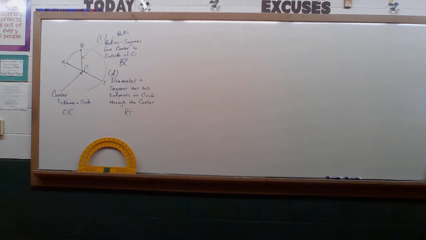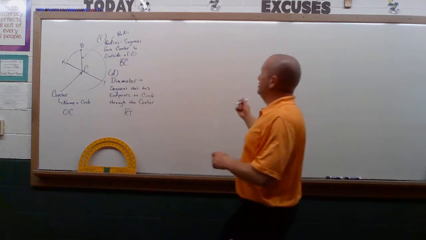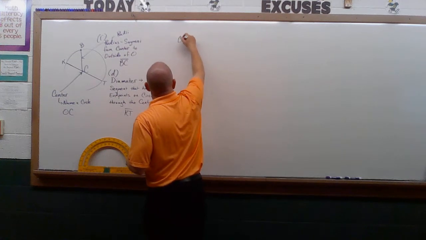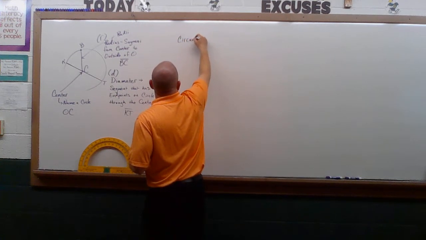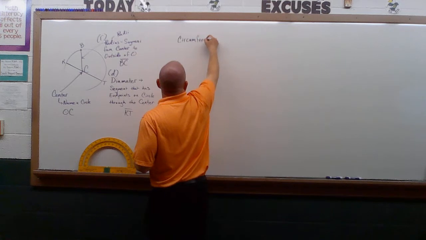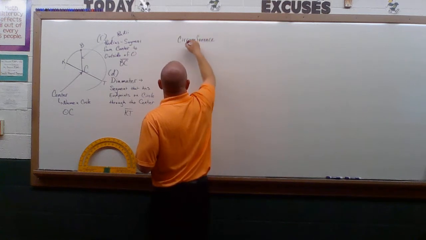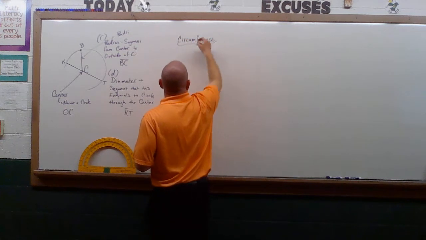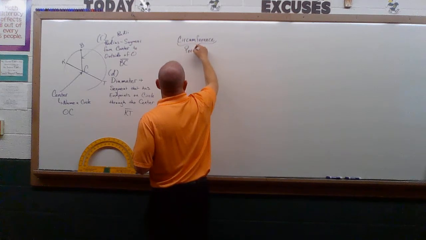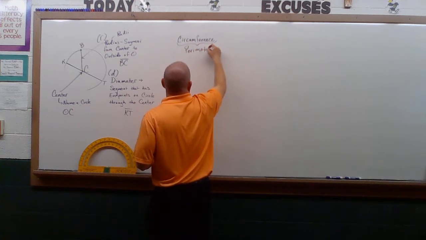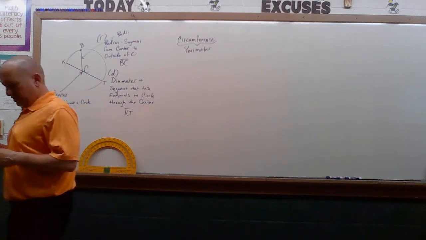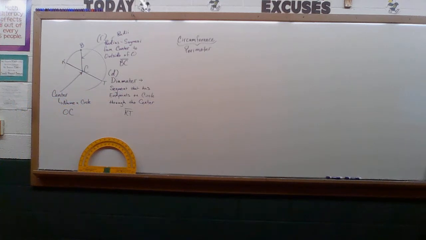So from there then, we talk about the circumference of the circle. And what does this word mean? There you go. So circumference really means the perimeter. So when we talk about any other shape, the perimeter means what?